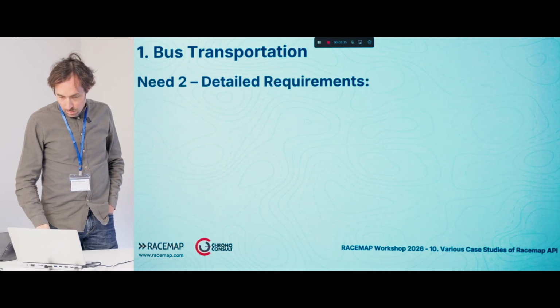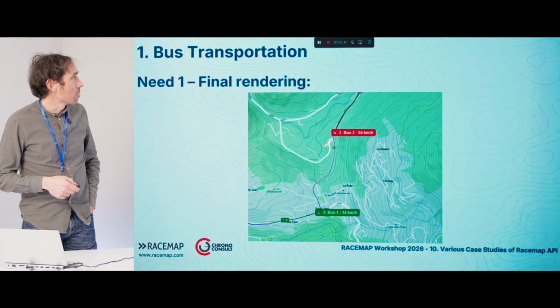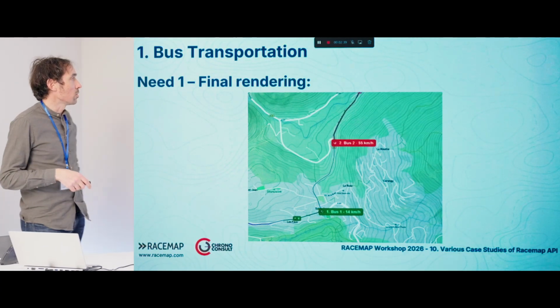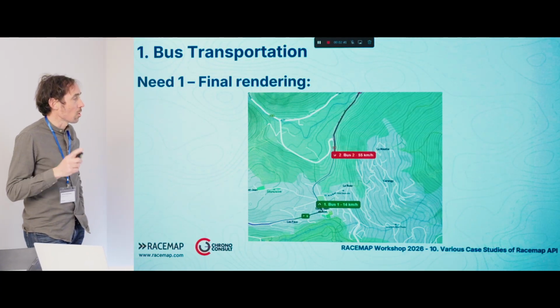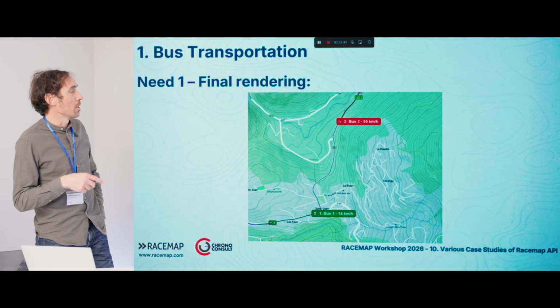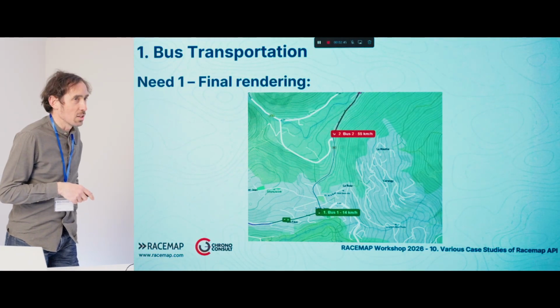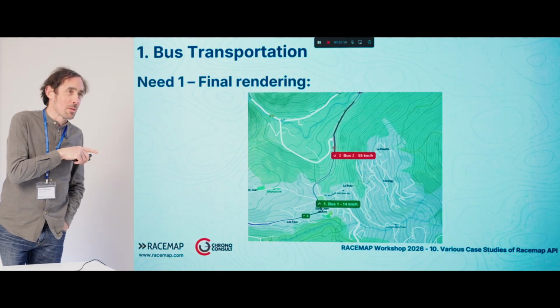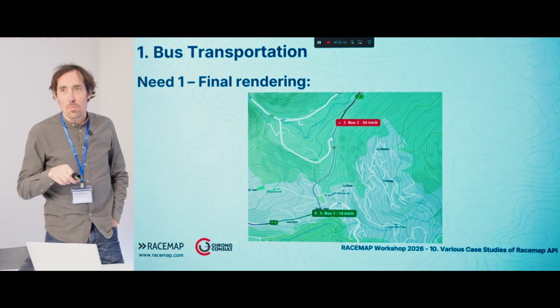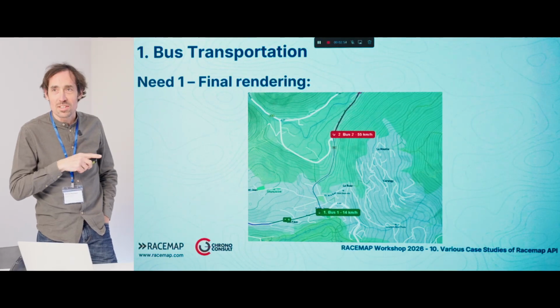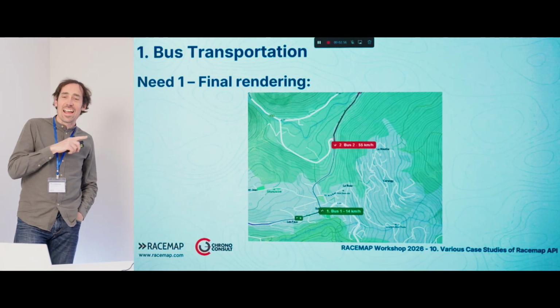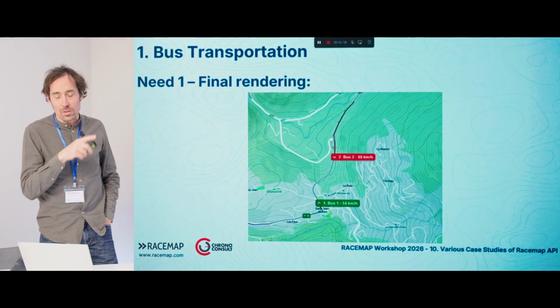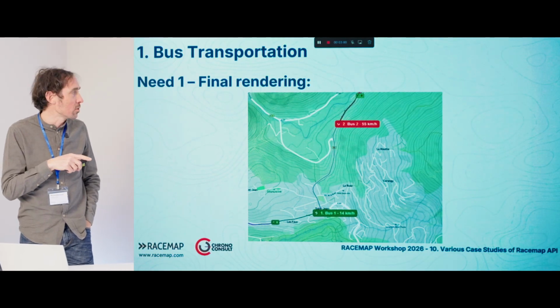And the final rendering was this one, with red buses during the downhill, green buses during the uphill, with the speed inside the label. It's not possible to do that currently with RACEMAP, because normally it's not possible to refresh the participant list live. So I was able to refresh the participant list in the back office every 5 minutes without any problem.